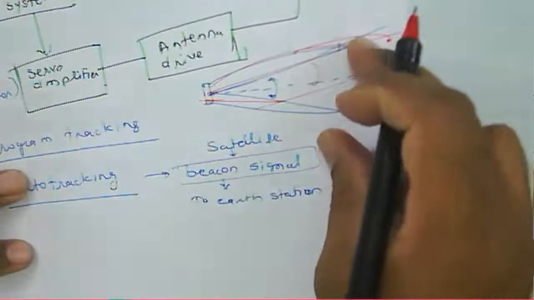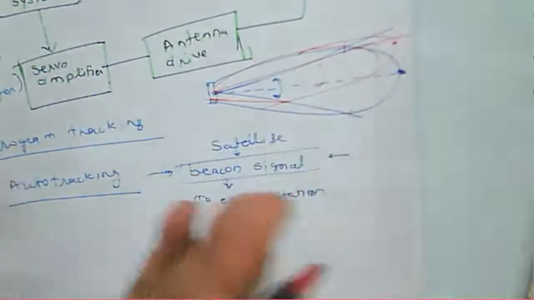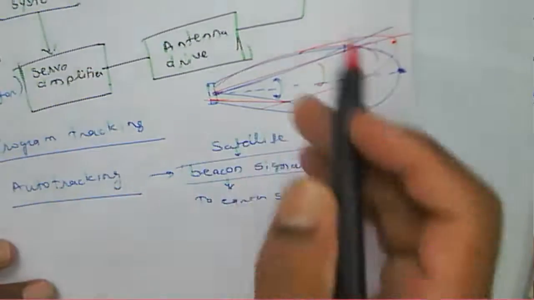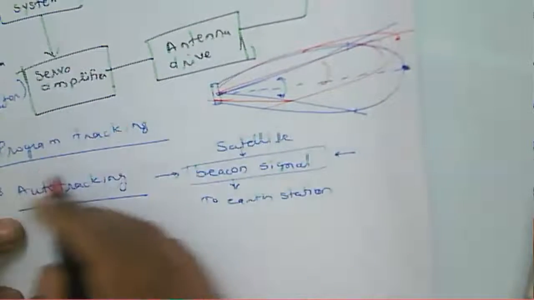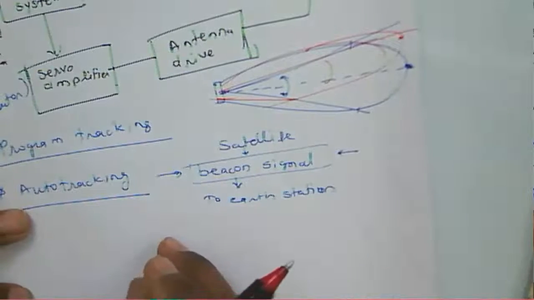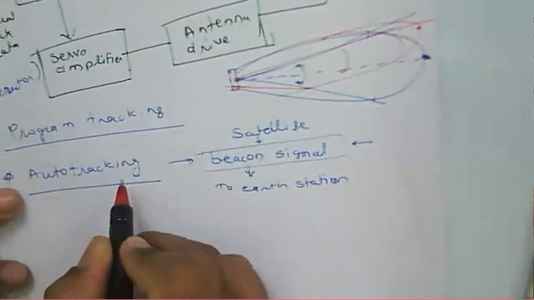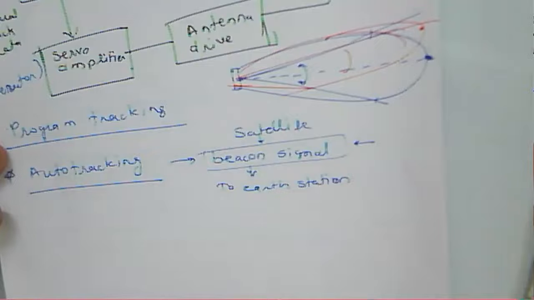If there is a small variation in that particular beam, we can say that there is a small error, and then we need to fix the antenna axis toward the satellite position or satellite direction. That's why we should first know the tracking axis of the satellite. There are two types of auto tracking methods. One is sequential lobing, and the other is simultaneous lobing.